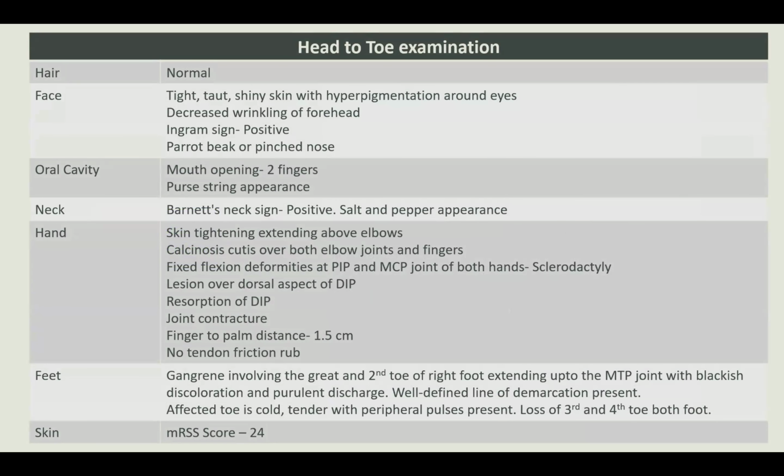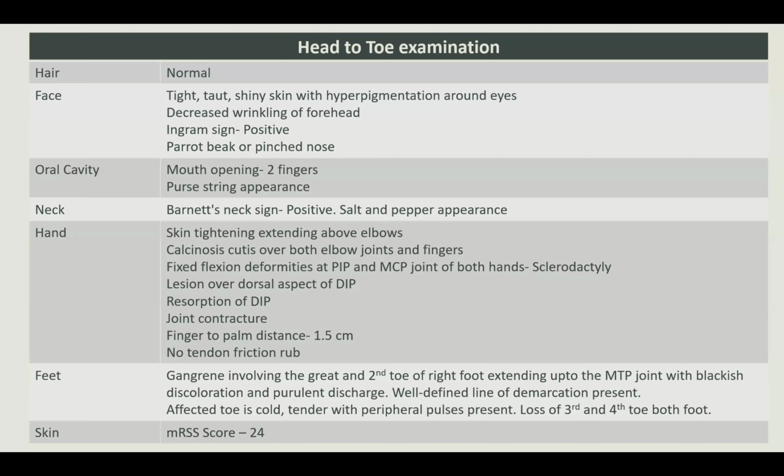On the neck, she had Barnett neck sign positive, and she had salt and pepper appearance. Hand skin tightening extending above the elbows was present. Calcinosis cutis over both elbow joints and fingers was there. Flexion deformities at the PIP and MCP joints of both hands were present. Lesions over the dorsal aspect of DIP joint with resorption of DIP joints was there.